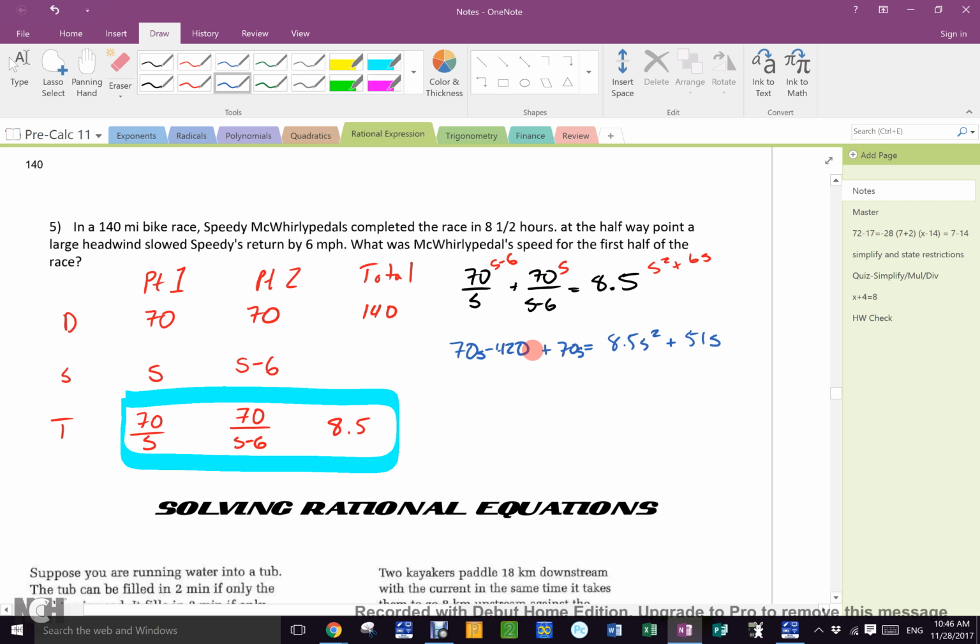Okay, now what should I do with this mess? Simplify. So 8.5 S squared. What's 70S and 70S? 140S. Oh, this should have been minus, right?